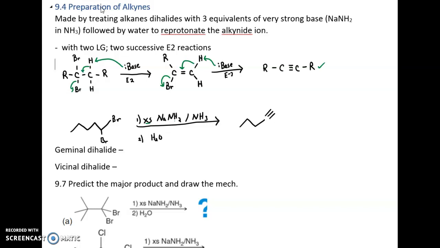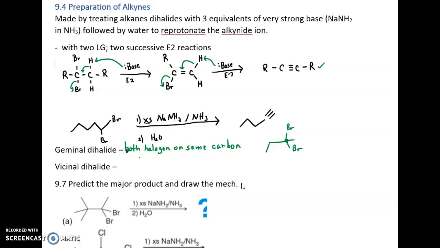We can have 2 different kinds of dihalides. We can have a geminal, with both halogens on the same carbon. So we'd have this example. You have a bromine, something else, and another bromine. But anyway, they're both on that same carbon.